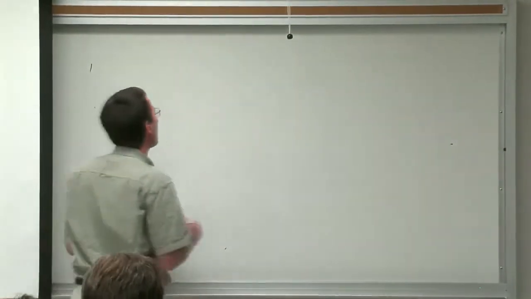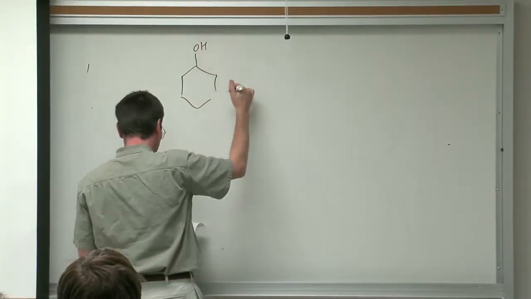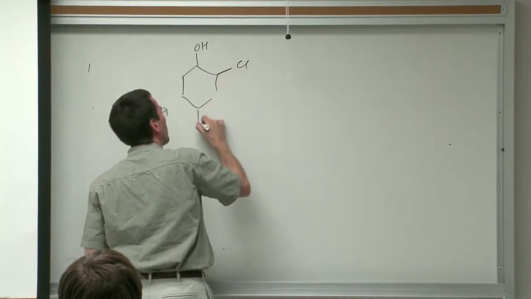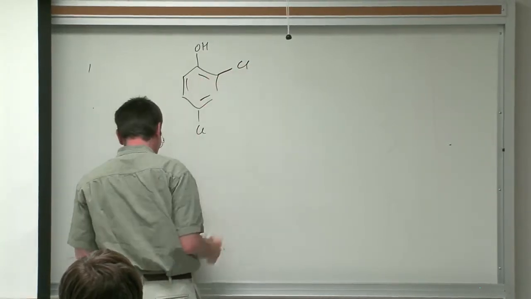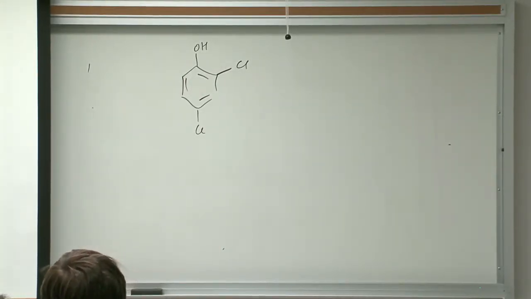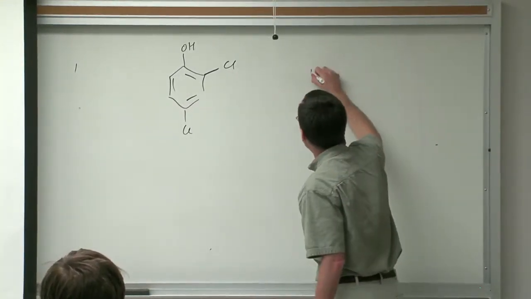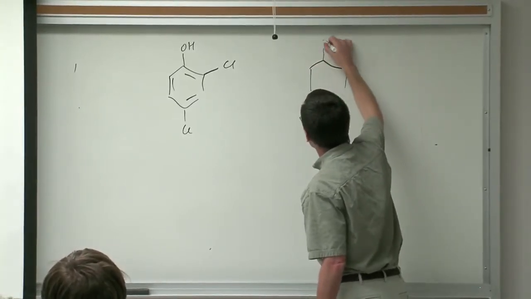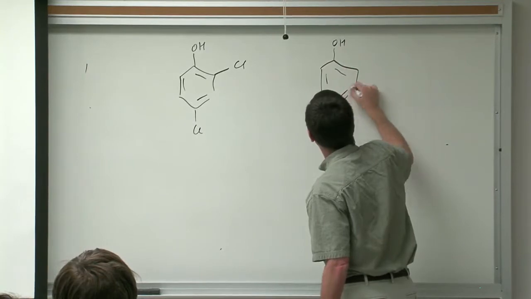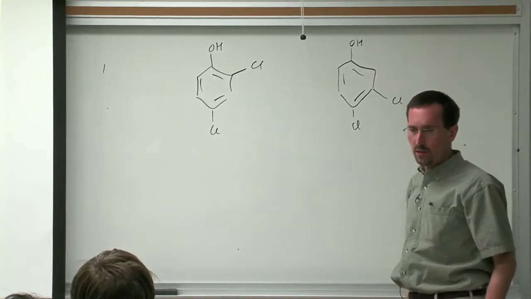So let us suppose for a moment that we were trying to distinguish this compound, 2,4-dichlorophenol, from this isomer, 3,4-dichlorophenol.